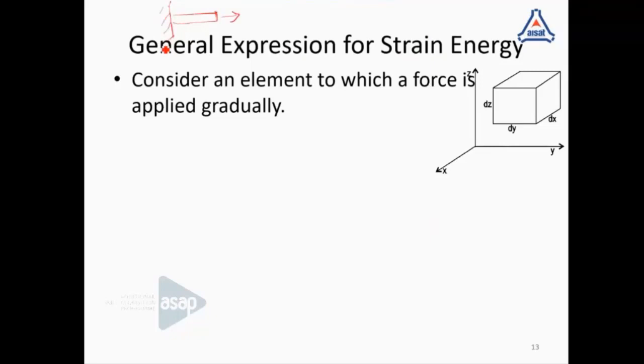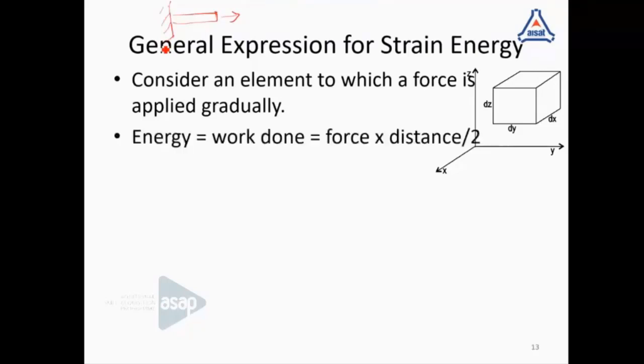But if you consider an element in which a force is applied gradually, in the previous case also we considered that the load is applied gradually. Now the work done is force into distance by 2, because the load initially is 0 and gradually reaches the maximum value of say P or some other quantity.